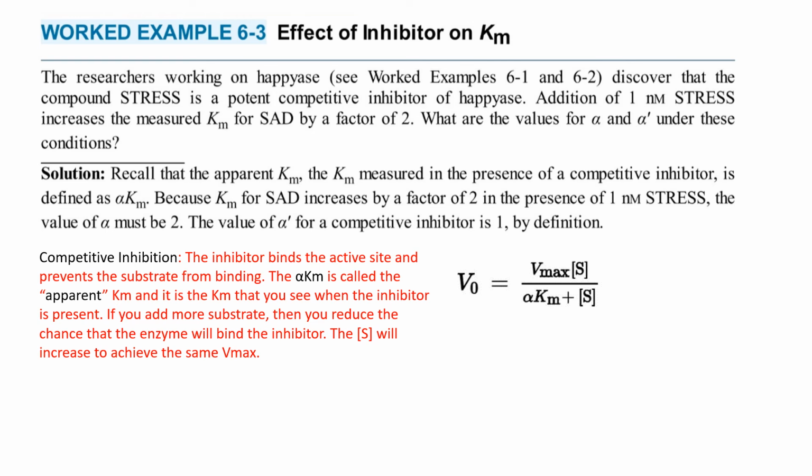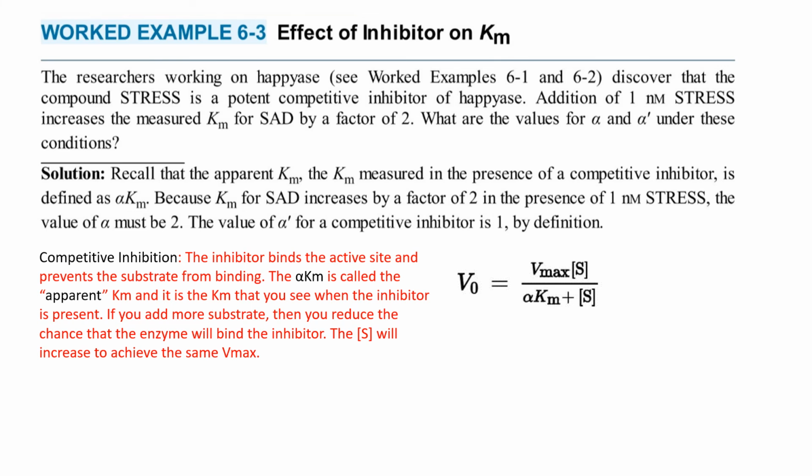What are the values for alpha and alpha prime under these conditions? So remember that the Km is the concentration of substrate at half the maximum velocity. So if the Km is increased, it means you need a higher substrate concentration to reach the same maximum velocity.